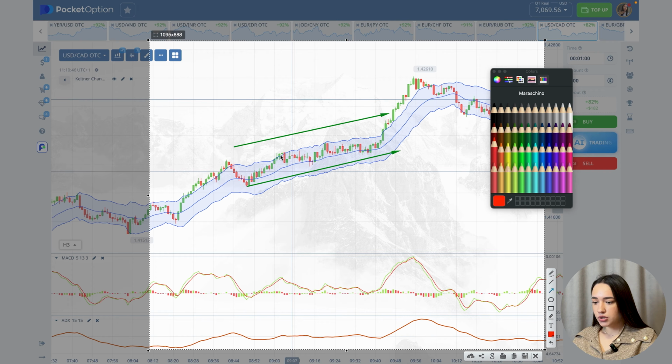You can observe how the price repeatedly pulls back to the middle line, after which the upward movement continues. These moments are our entry points, for example, here and here. These are perfect spots to open buy trades.